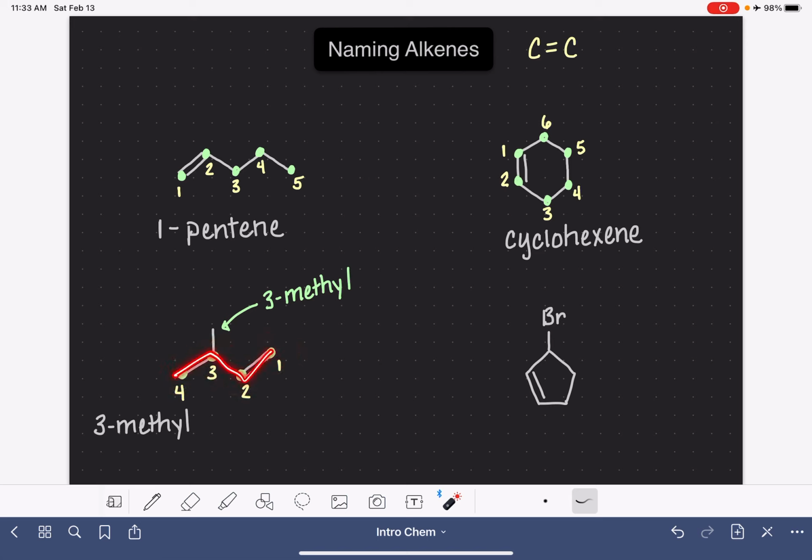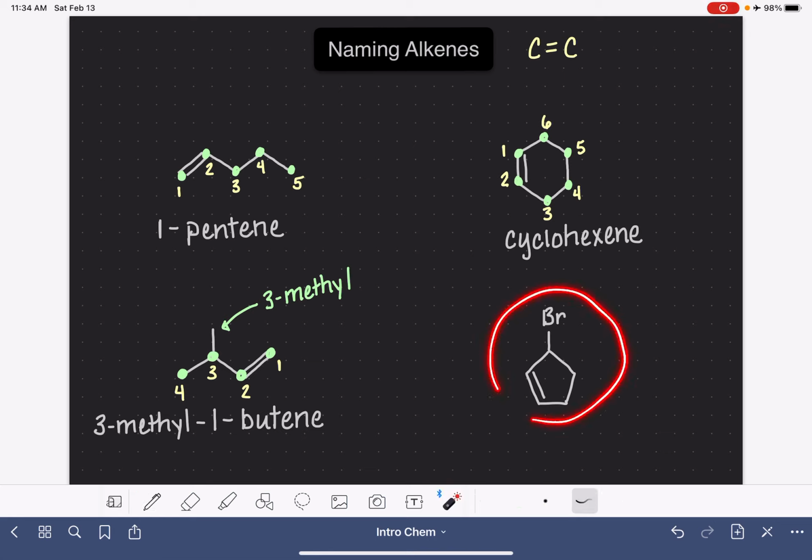This is a 4-carbon molecule with a double bond, so we have to start by saying where the double bond is located. The double bond starts at carbon number 1, so that's its location, and then we're going to say the name of the parent chain. A 4-carbon molecule would be butane, but this is an alkene, so we change it to butene.